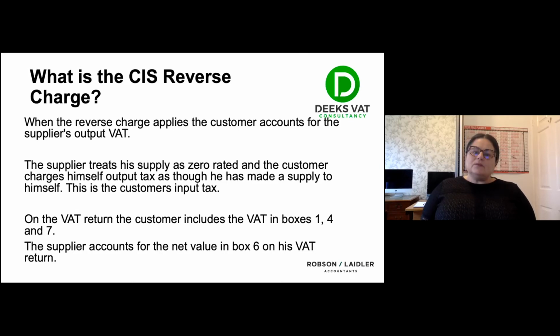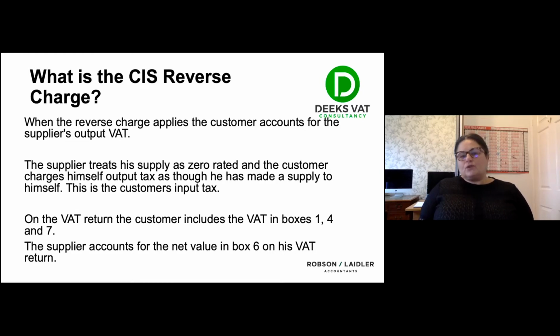So the supplier would treat his supply as zero rated, and the customer would then effectively charge themselves output tax and also recover that output tax as input tax. So on the VAT return, the customer would put the output tax that he's effectively charging himself in box 1.